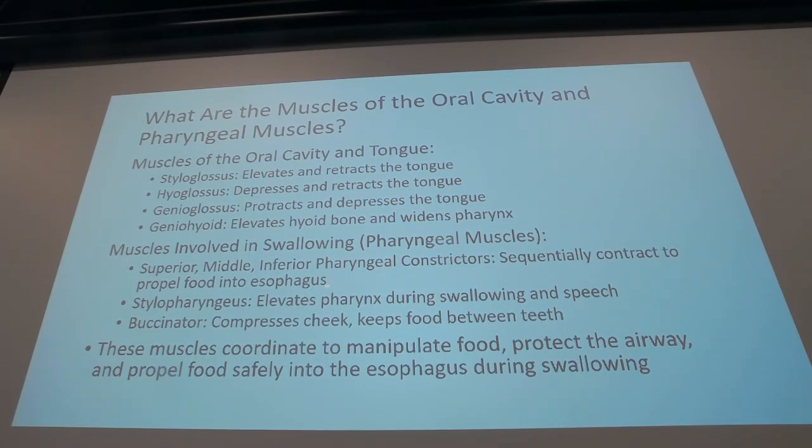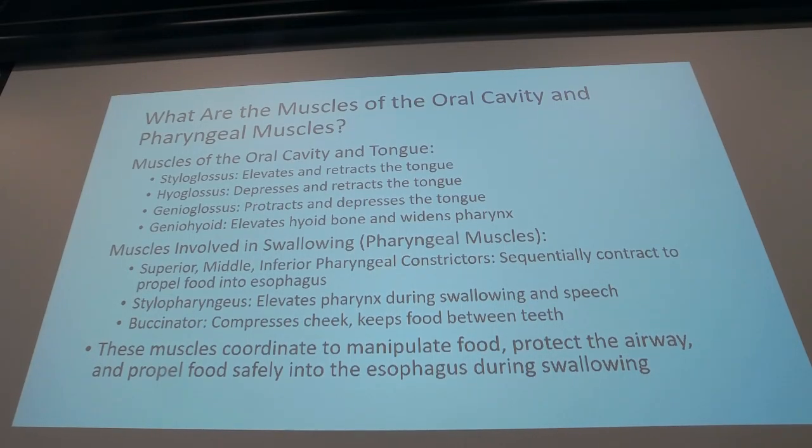Four constrictors of the pharynx. We have superior, middle, and inferior. They are innervated by the vagus nerve, cranial nerve number 10. And the vagus nerve innervates several muscles in the palate.